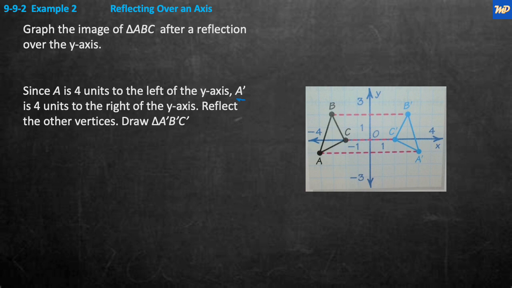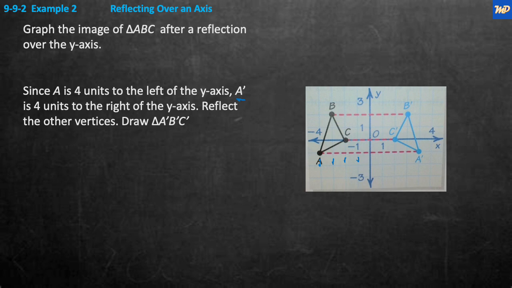So if you take what they're showing you here, they say that A is 4 units to the left. Well, A is 1, 2, 3, 4 units to the left of the y-axis. If we reflect it over the y-axis, that's like flipping a pancake over.